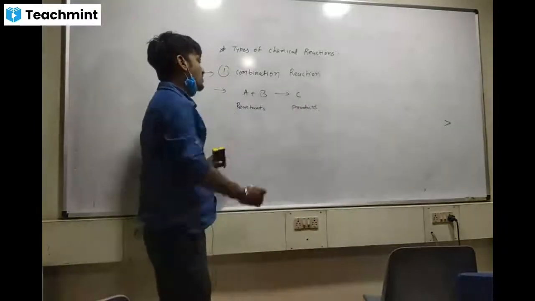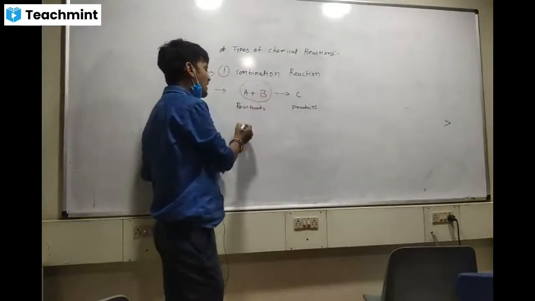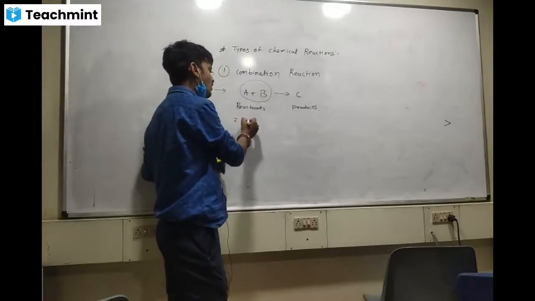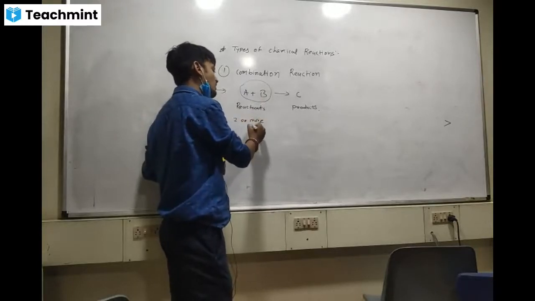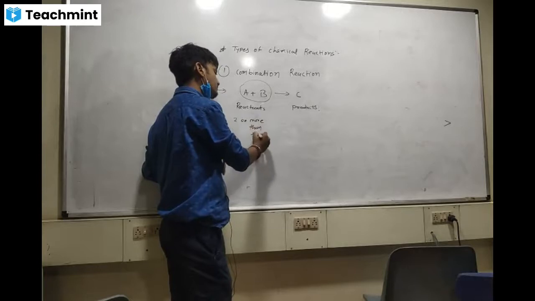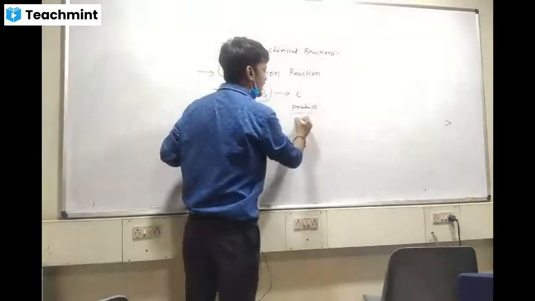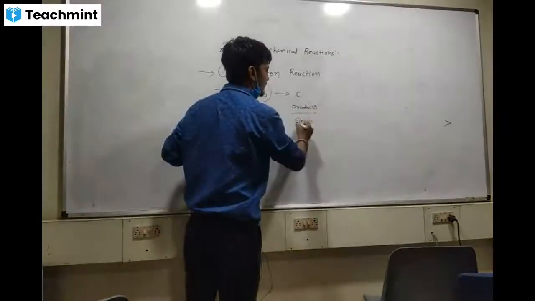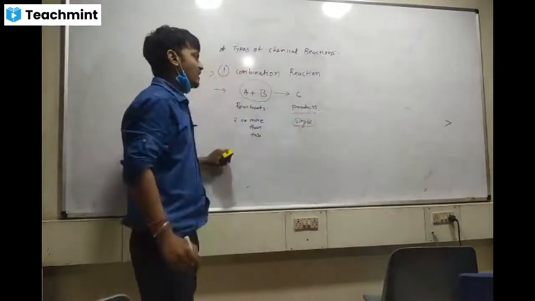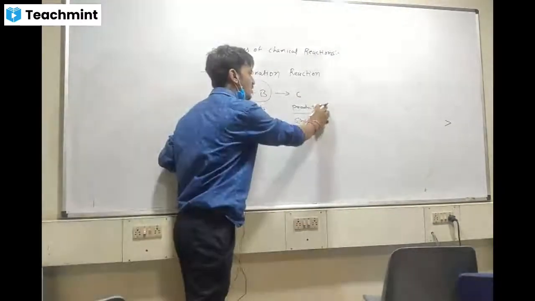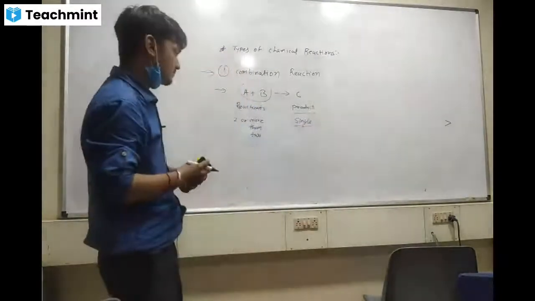So in combination reaction, reactants are two or more than two, while we have only a single product.